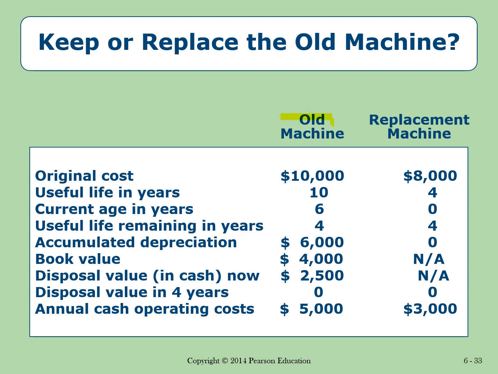This is the old machine, and this is the replacement machine, the machine that's going to replace the old one. Of course, the replacement machine will be a refurbished one, not a completely new one. So we will find that the original cost is available for both. This is 10, this is 8.